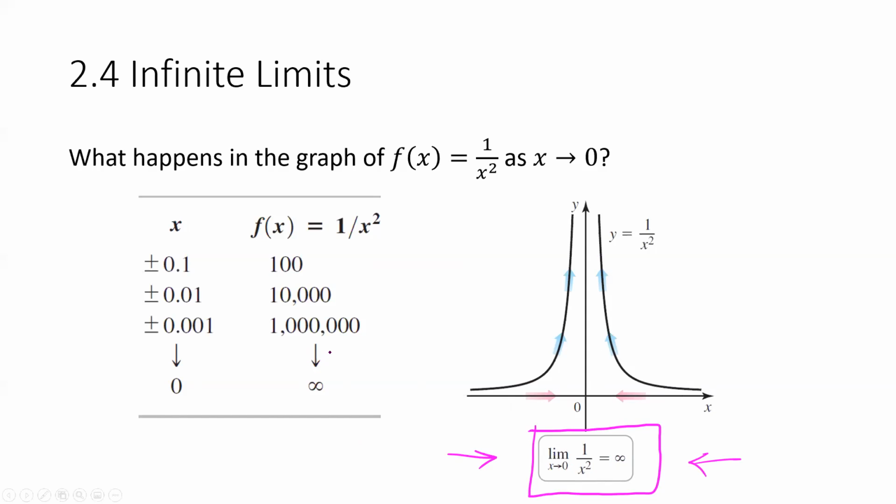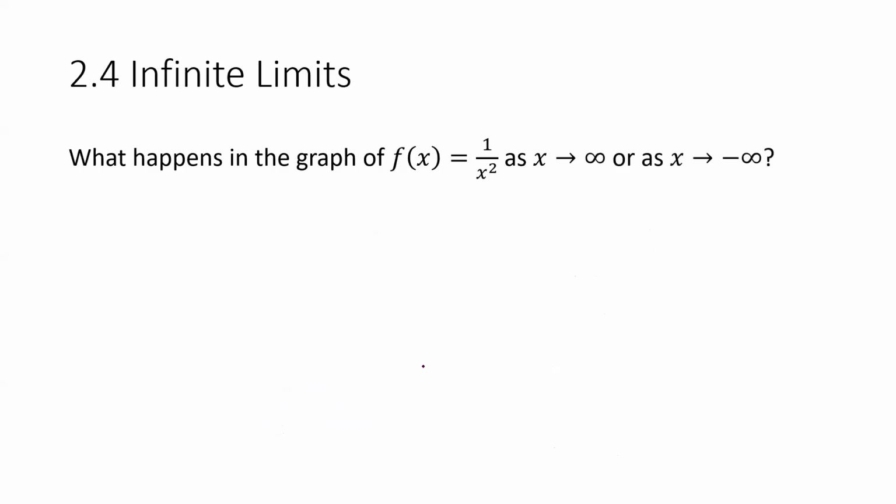They don't really have a bound to how big they can get. So function values here grow unbounded, meaning they don't have any limit to how big those values can get. They just keep getting bigger, right?